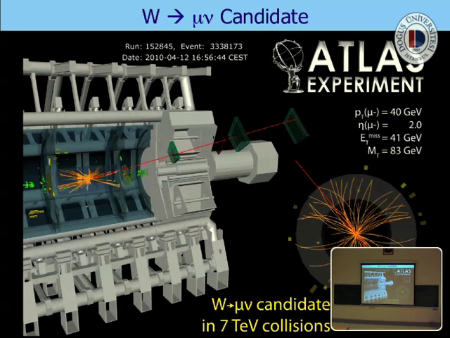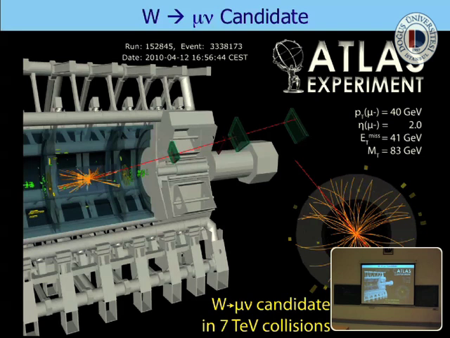Yes, of course. We don't see the neutrino. It means that in principle we cannot fully reconstruct this particle, right? In this case, we only see one muon. We see a high energetic muon which passes through different layers of the muon spectrometer with energy 40 GeV. So what happens?